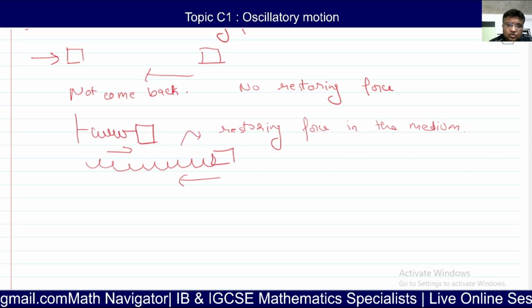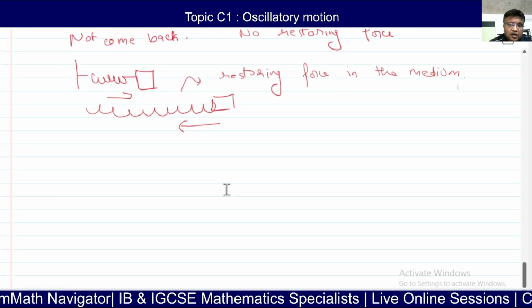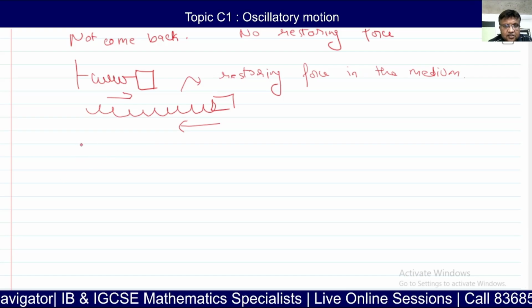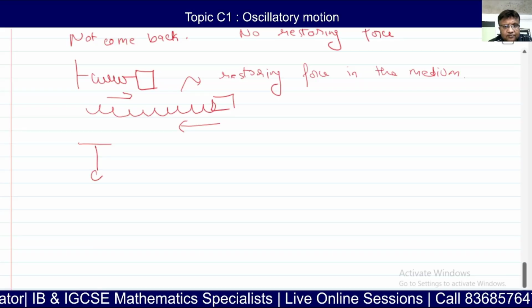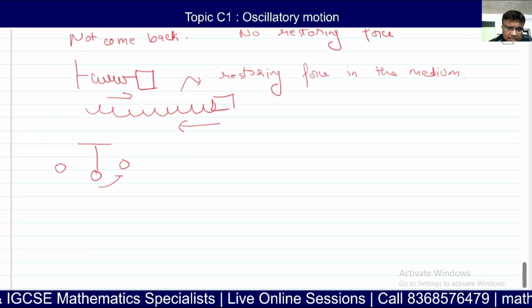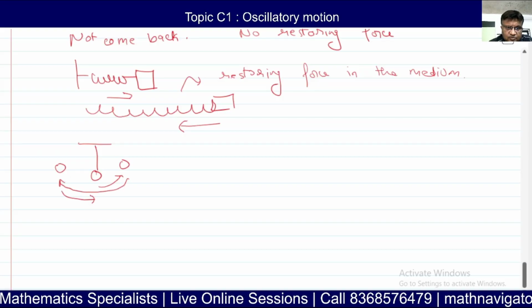So now let's talk about how this motion works. Got it? Let's say this is my pendulum. First it goes like this, then comes back like this, goes like this, and then comes back like this.